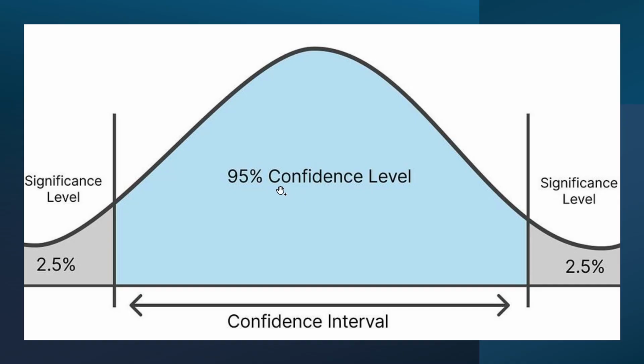Now let us apply it to the context of a mean. The point estimate of the population mean mu is the sample mean x bar. Now we can build the confidence interval around it, where we will use the standard error of the sampling distribution of the mean, which is given by sigma by root n.